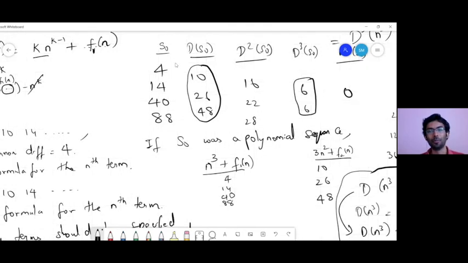The first term is n cube. How do we find successive terms? We start from n cube plus f1 of n. Let's write down the sequence again: 4, 14, 40, 88.